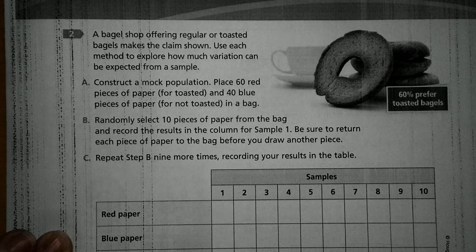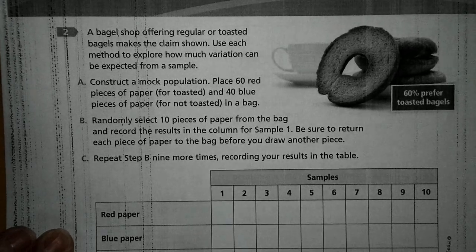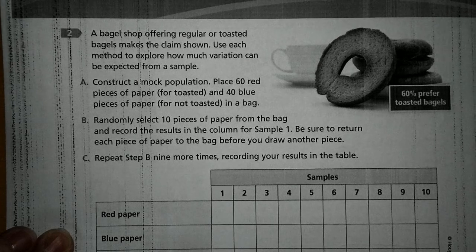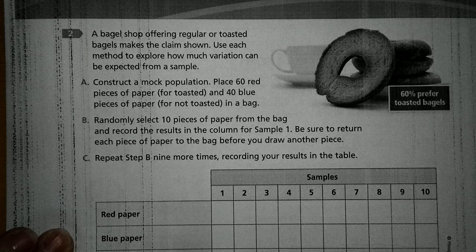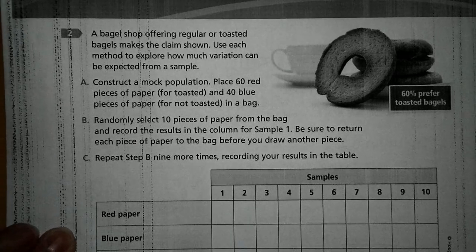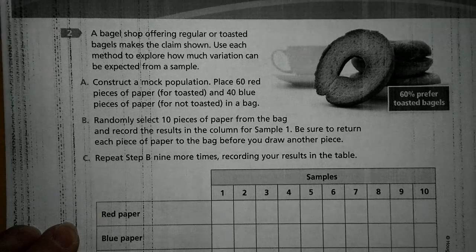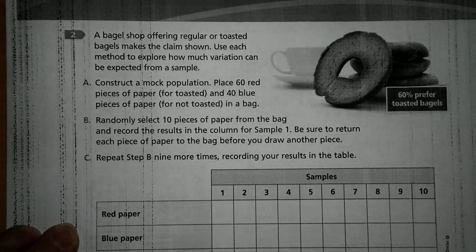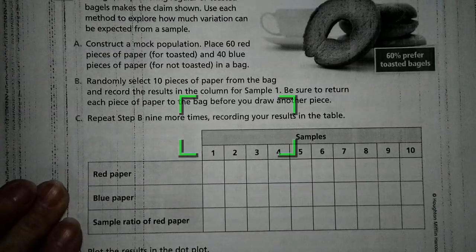Place 60 red pieces of paper for toasted and 40 blue pieces of paper for not toasted in a bag. Randomly select 10 pieces of paper from the bag and record the results in the column for sample 1. Be sure to return each piece of paper to the bag before you draw another piece. Repeat step B. Who has that much colored paper?